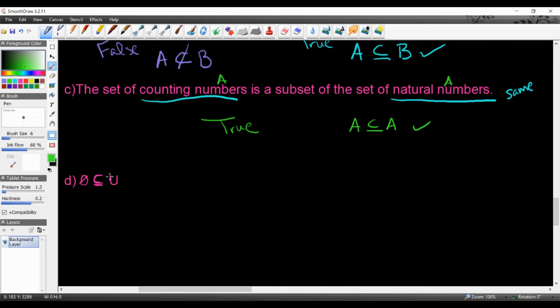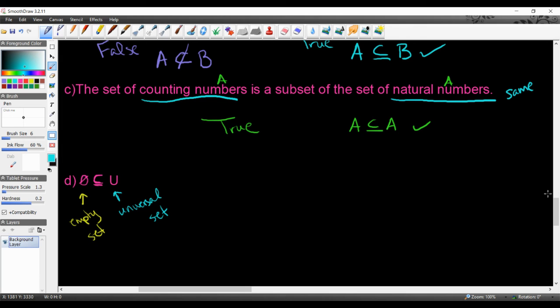Yes, true. And finally, the last example for this little part right here, we have this weird thing is a subset of U. So let's define what this is. This right here is the empty set. Okay, and U is the universal set. So how could we define this one?